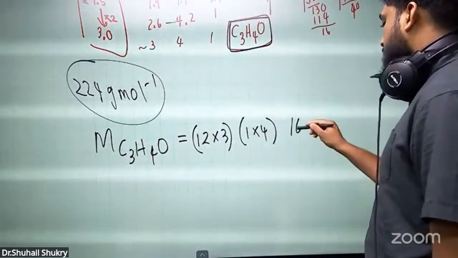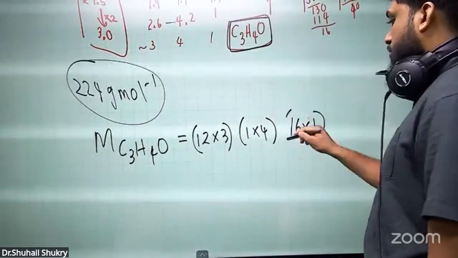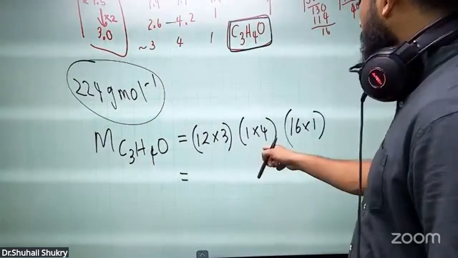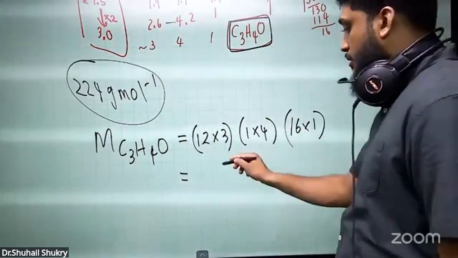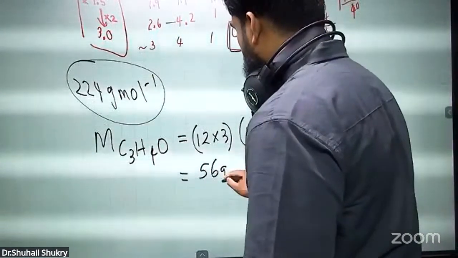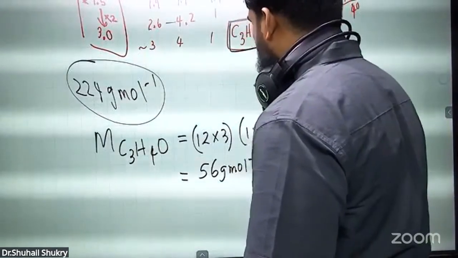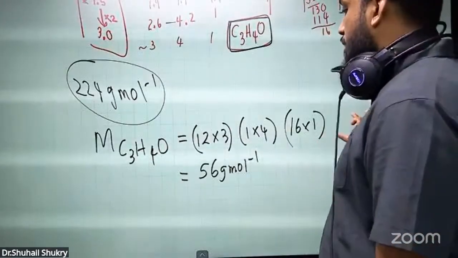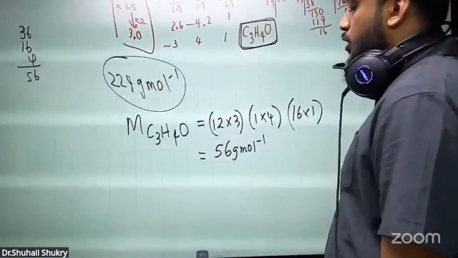One oxygen is 16, there is only 1. If you add all these, you get 36 and 4, 40, and 16, so 56 grams per mole. This is the weight of one C3H4O. Then how many C3H4Os will be in the molecule? That's what you have to see.